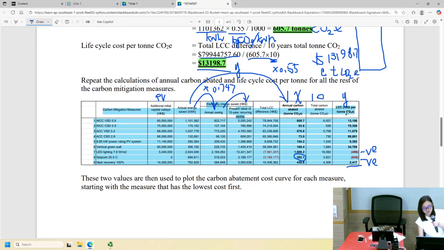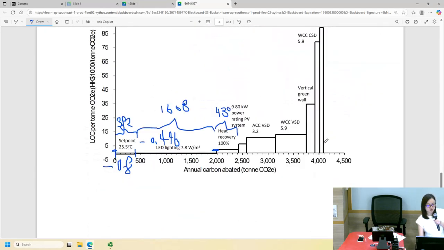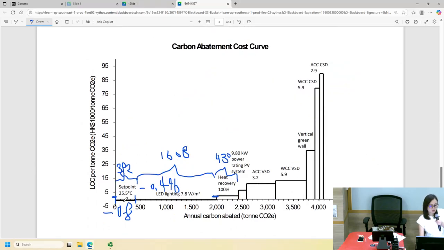Then you can find out the cost of every ton of carbon dioxide reduction, and plot them onto the curve. Remember, you have to arrange the most cost-effective strategy on the left-hand side, then less and less, and on the right-hand side would be the most expensive strategies. You have to spend a lot of money to reduce every ton of carbon dioxide.